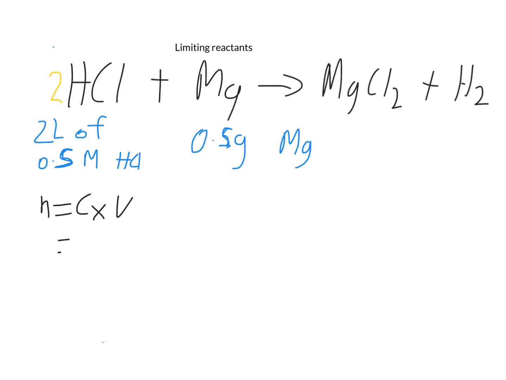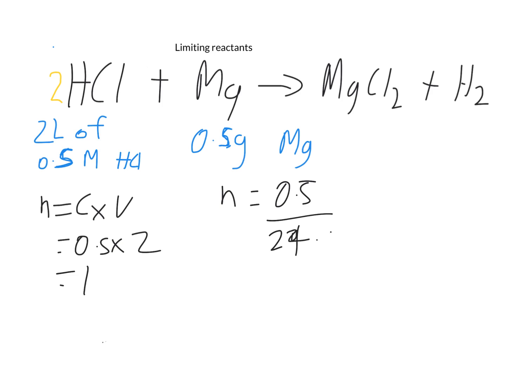In this case, the concentration is 0.5 times the volume, which is 2, which should give me a number of moles of 1. Number of moles of magnesium, same deal, we do N equals 0.5 divided by the molar mass, which is 24.305, which in this case gives you 0.0206.